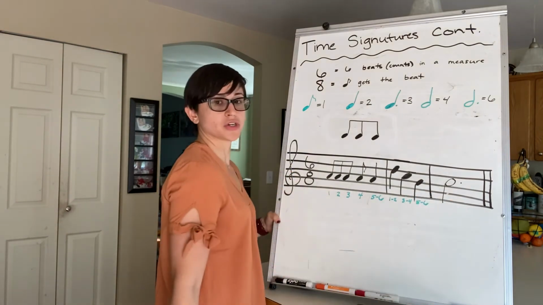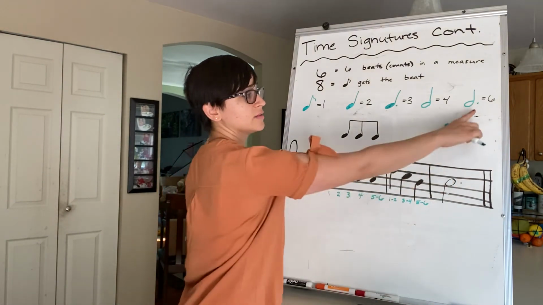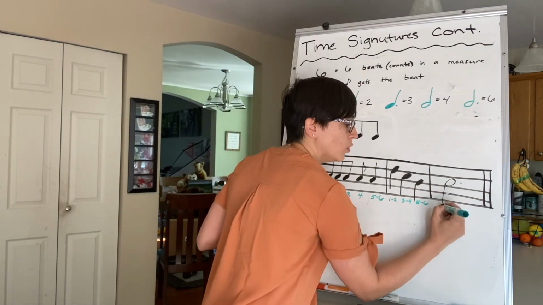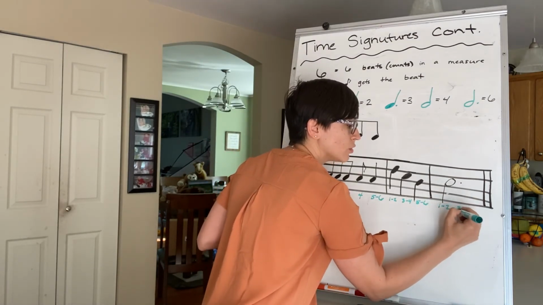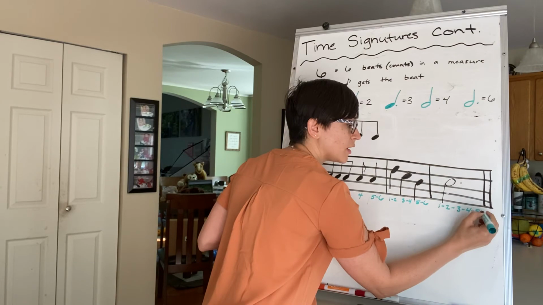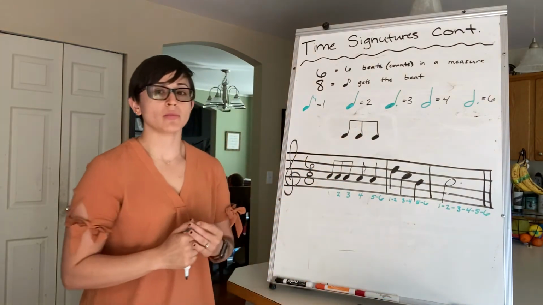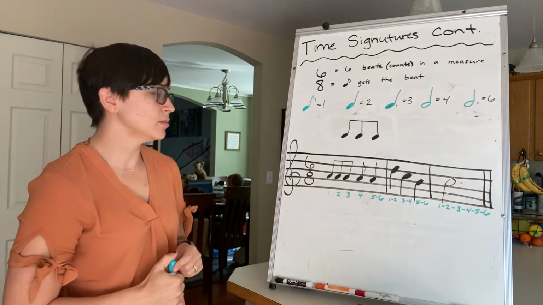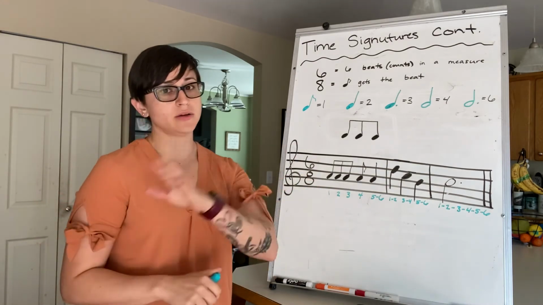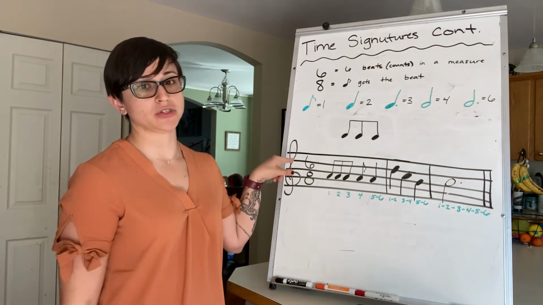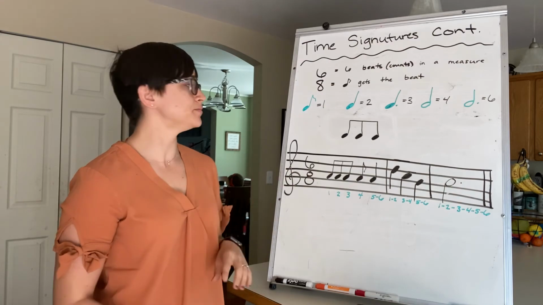And then the final measure has a dotted half note, which gets all 6 beats. Remember, you have to count all the way to the end of the measure, okay? It needs to have 6 counts in it because that's what the time signature said. Black and white rules on this one.